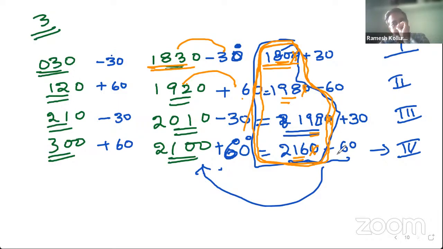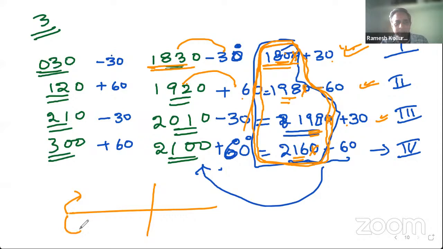So this means 0 plus 30. Plus 30 means always it is in the first quadrant. Divisible by 4, it is in the first quadrant. Not divisible by 4 and minus means it is in the second quadrant. Not divisible by 4 and plus is in the third quadrant. See, 180 minus is here, 180 plus is here.